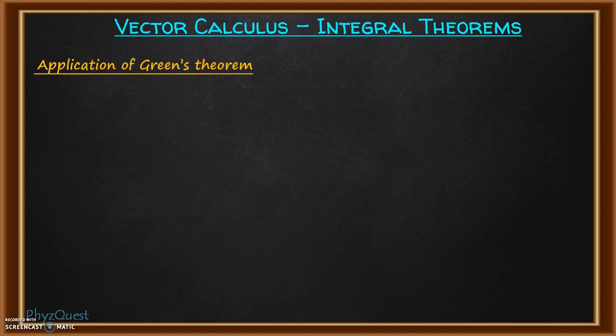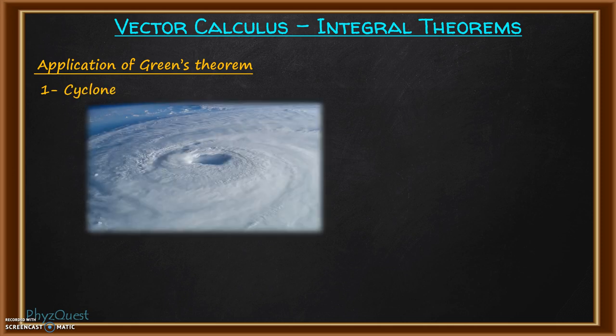The most practical application of Green's theorem in daily life is the example of a cyclone. A cyclone, as you can see, is a planar thing, and its formation shows a circulatory motion. Therefore, it's the best example of circulatory motion and therefore of Green's theorem.